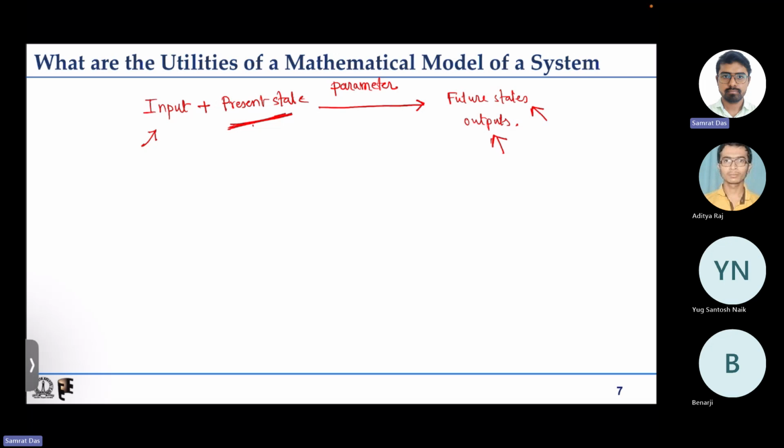Now, two more points for today. Let us discuss why mathematical models are needed, or what the utilities of a mathematical model of a system are. Why do we need to model systems mathematically?